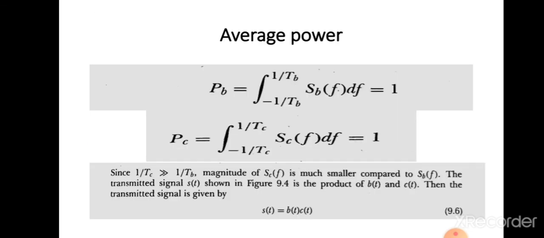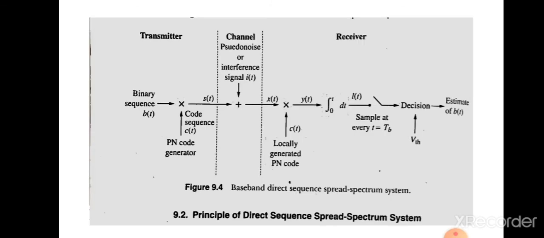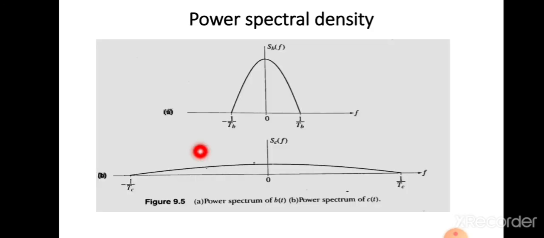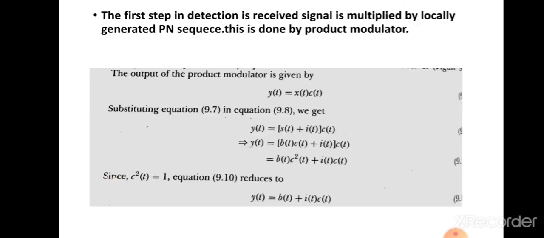Whenever a sequence is multiplied with the PN code, that is c of t, its spectrum will be spread, because the PN sequence spectrum is wide. So i of t is multiplied with c of t, and we can say that the interference signal spectrum will be widespread due to this PN sequence, but the other sequence will be despread.